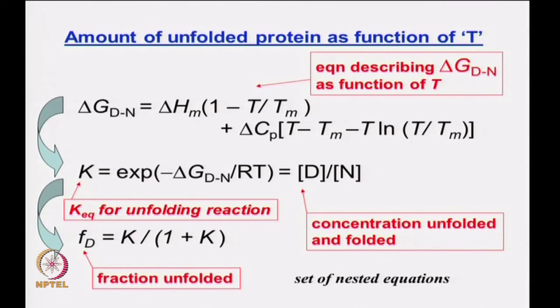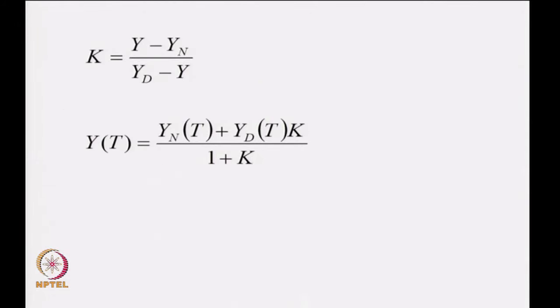Now, here if you see at the bottom, these three equations are referred to as a set of nested equations. You know what happens in a nest? Nest means you have everything together, right? You have this mesh. So, these are nested equations, means all these equations are related to each other in some sense or the other, through observable parameters. Next, what is k?